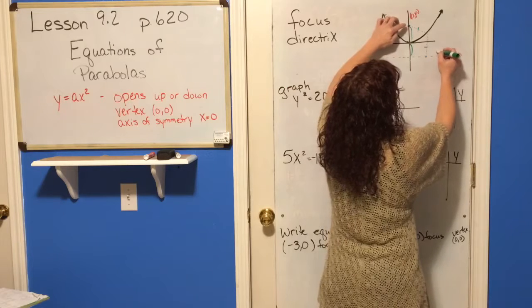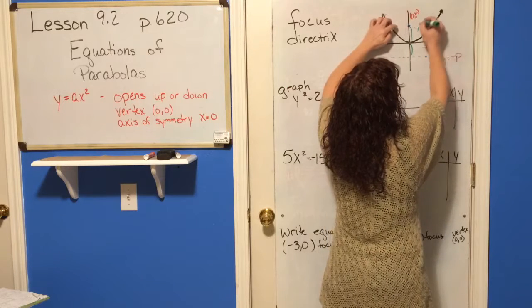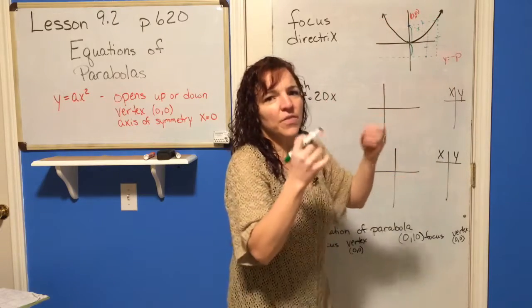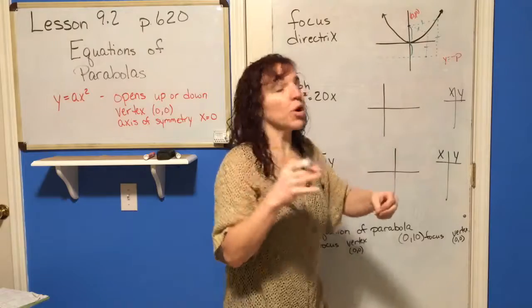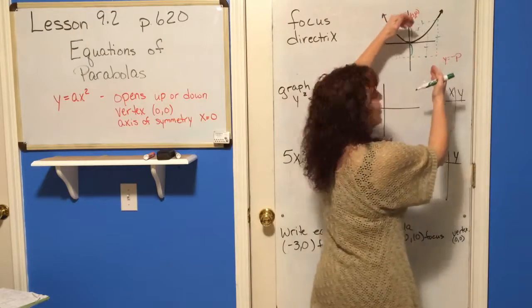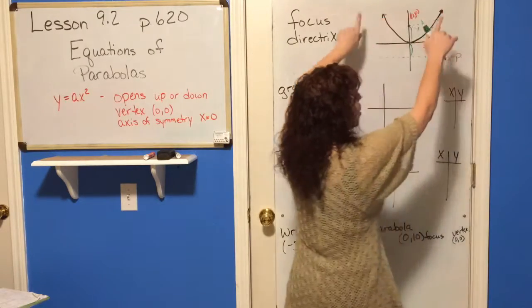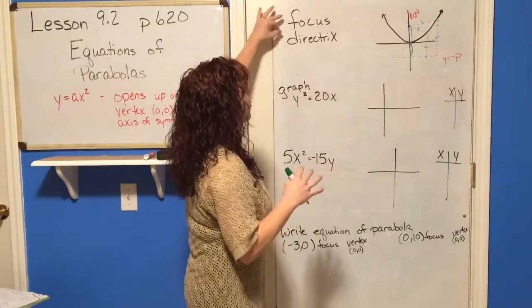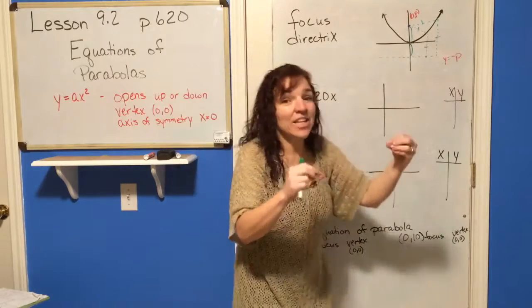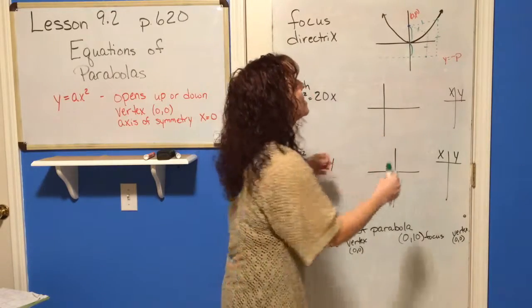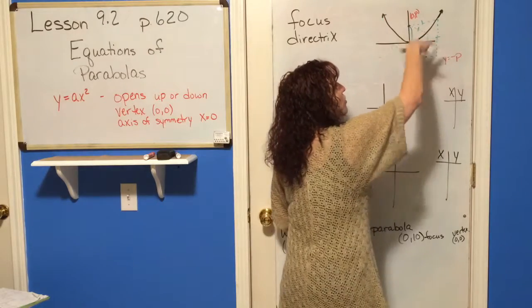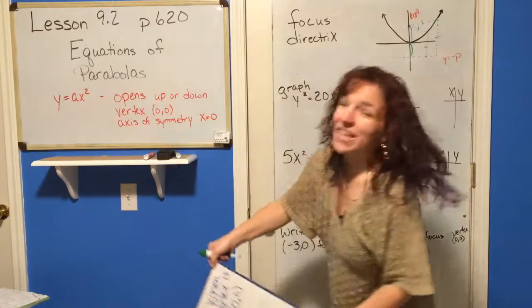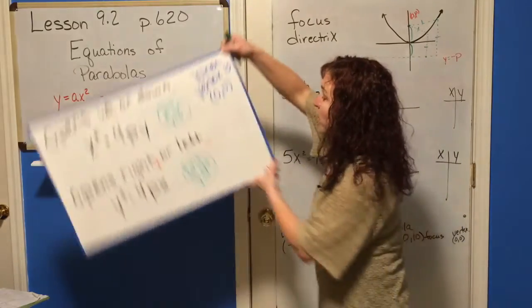So if you go over here and go at a right angle up to here, these distances should be the same. So definitely look at the picture in your book because that makes a little more sense, because the parabola is drawn more to scale. The point is though, the focus and the directrix are related, and the reason we need those is because it gives a frame of reference for every point on the parabola. Now that I've said that and confused you, let me give you the actual formula.